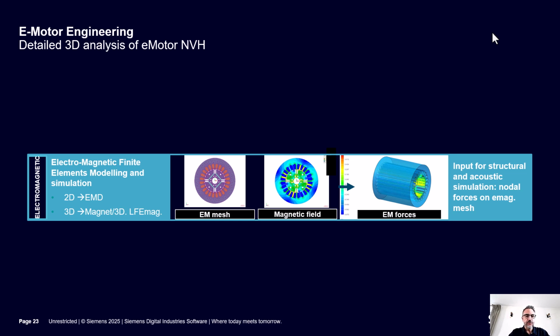Could be using different tools, like for instance, electrical machine design and magnet. And these forces, these inputs, are then mapped onto a structural model of the stator in order to predict the deformation and the vibrations of the stator.